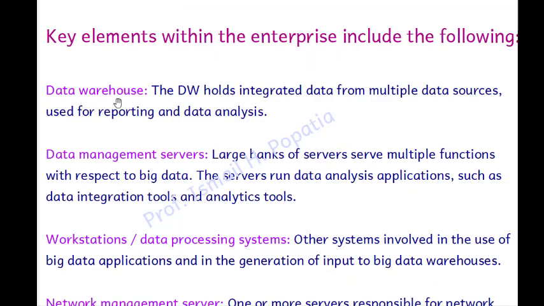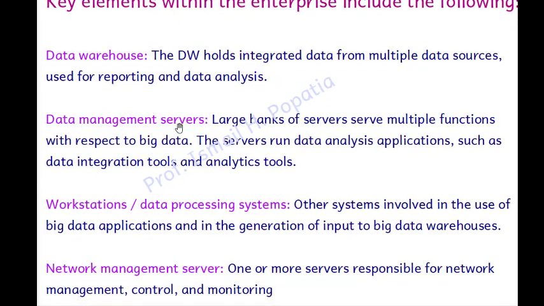The first is the data warehouse. The data warehouse holds integrated data from multiple data sources which are used for reporting and data analysis. Then we have data management servers. So we have a large bank of servers which serve multiple functions with respect to big data. They may be used to analyze the applications, data integration tools, etc. Then we have workstations and data processing systems.